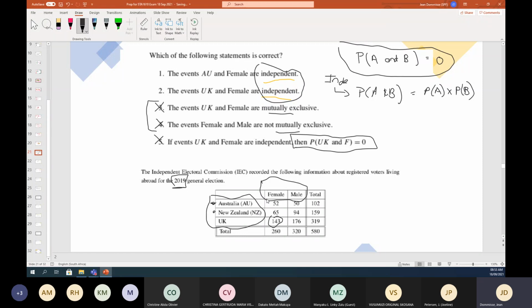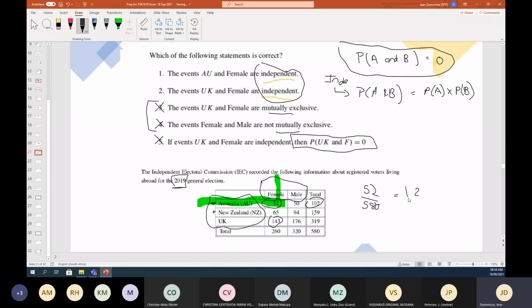Okay, so the probability of A and B, remember we're looking at AU and female, so the probability of that is 52 divided by 580. And we say that needs to be equal to the probability of A, which is, what's the probability of A?